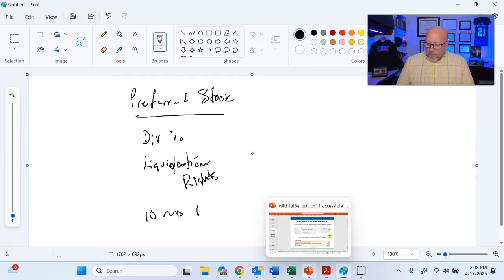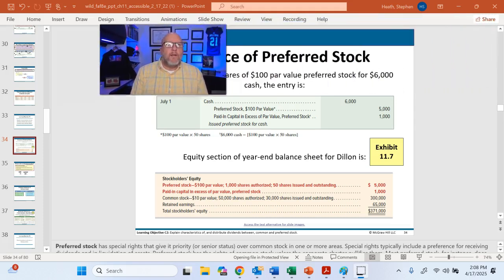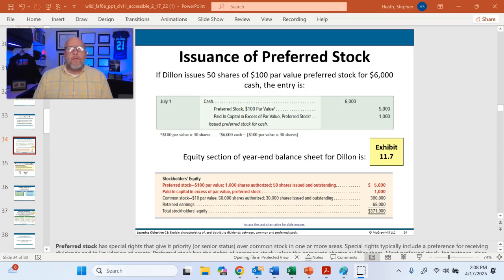Now we can go back and look at how we would issue preferred stock. We issue preferred stock very similar to the way we issue common stock. We are going to issue 50 shares of $100 par value preferred stock for $6,000 total.